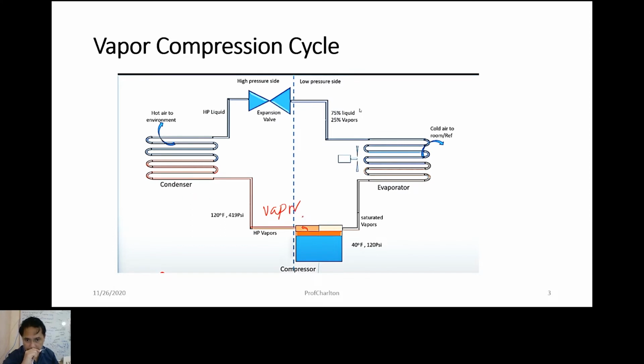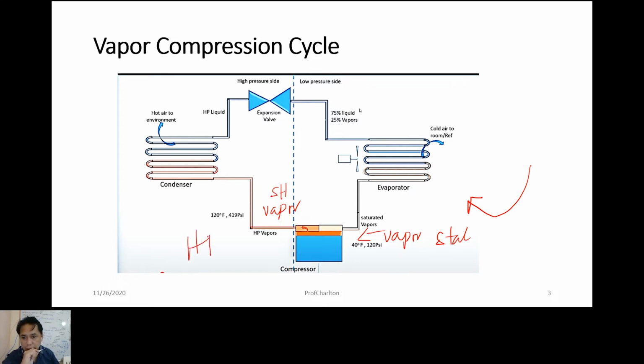So here the vapor is in the evaporator before going to the compressor, because this one is counterclockwise. Look at this, counterclockwise. So in the evaporator, the refrigerant becomes vapor before it enters the compressor. It is in the vapor state. That's why it's vapor compression. It compresses the vapor. It becomes superheated at this side.